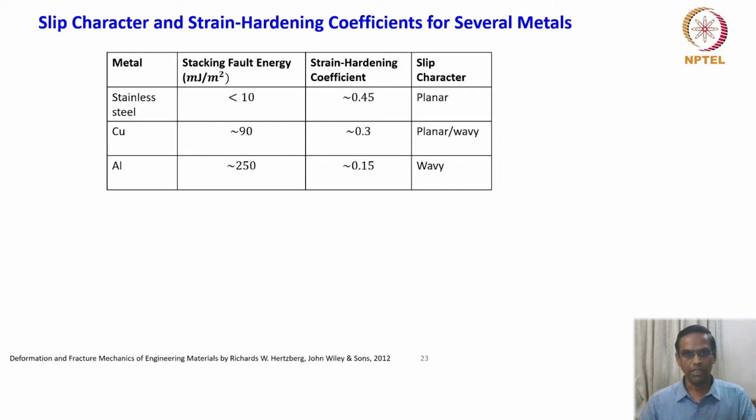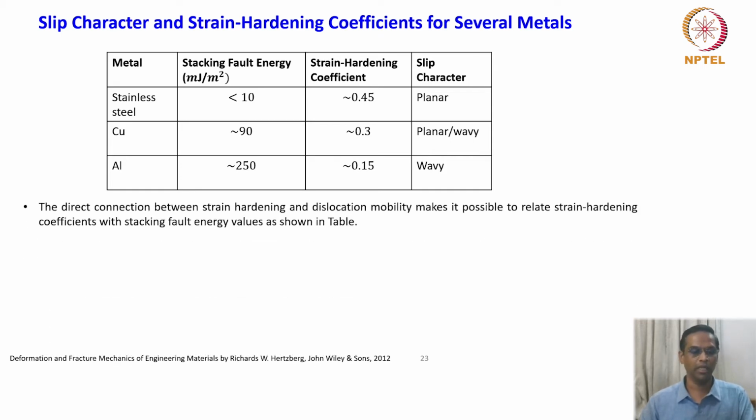So the strain hardening coefficient which you obtain from a simple tensile test tells quite a bit about deformation characteristics if you connect that with the stacking fault energy. That's the message I want to bring here. The direct connection between strain hardening and dislocation mobility makes it possible to relate strain hardening coefficients with stacking fault energy values as shown in the table.